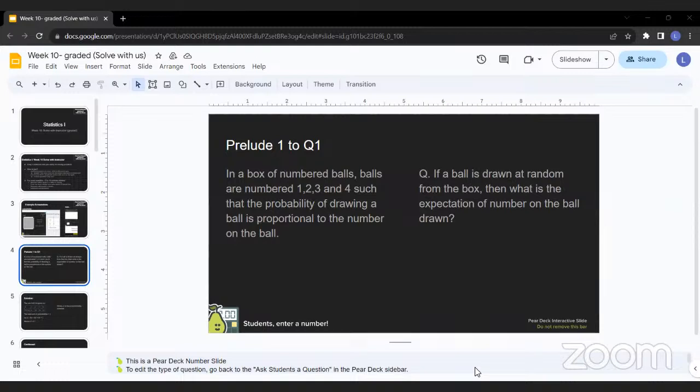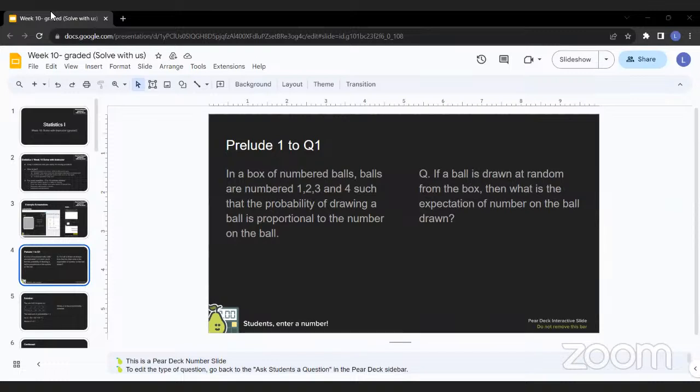Ma'am, can you show me the previous slide? I'll be showing it after just solving the question. Everything on this side is on the first slide. So you will use the formula for the expectation to solve it.